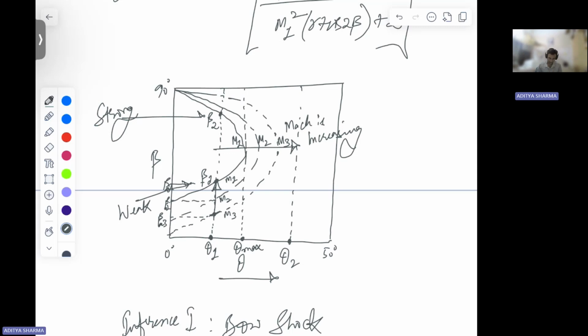So this is your maximum deflection angle 1. Here this is theta max 2. Then this is theta max 3.